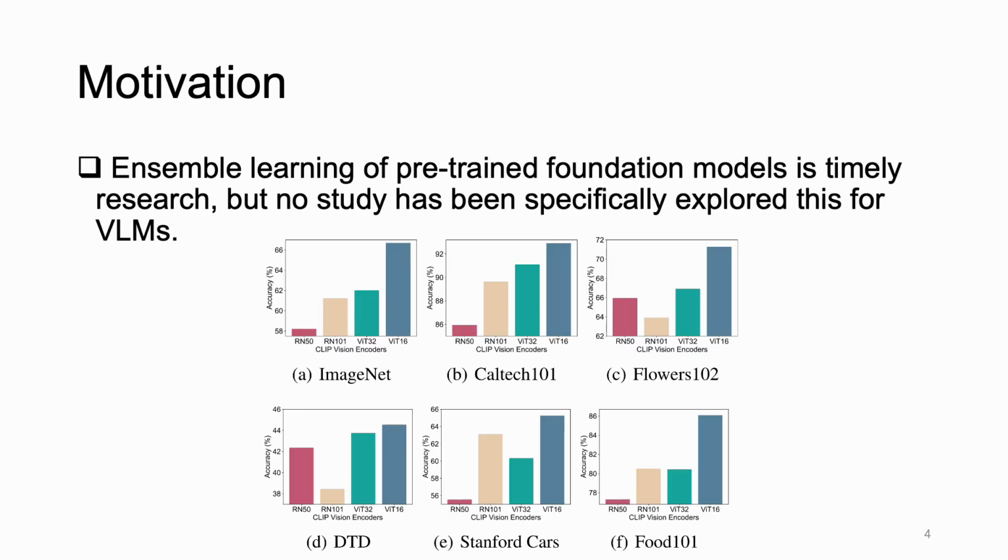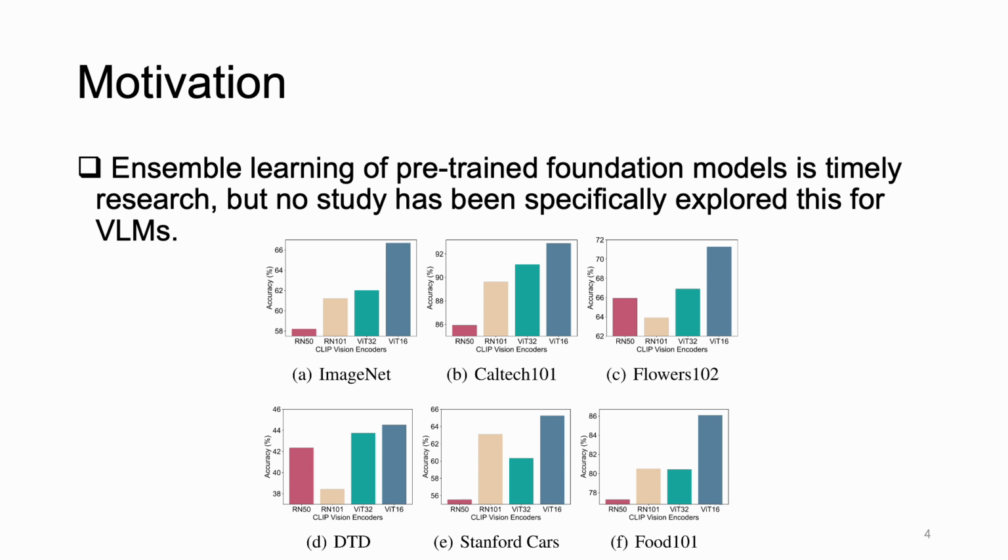For the CLIP model, there are multiple vision encoders and language encoders. Especially for vision encoders, they adopt different architectures. Here we show that with different vision encoders, the performance differs hugely on different data sizes.